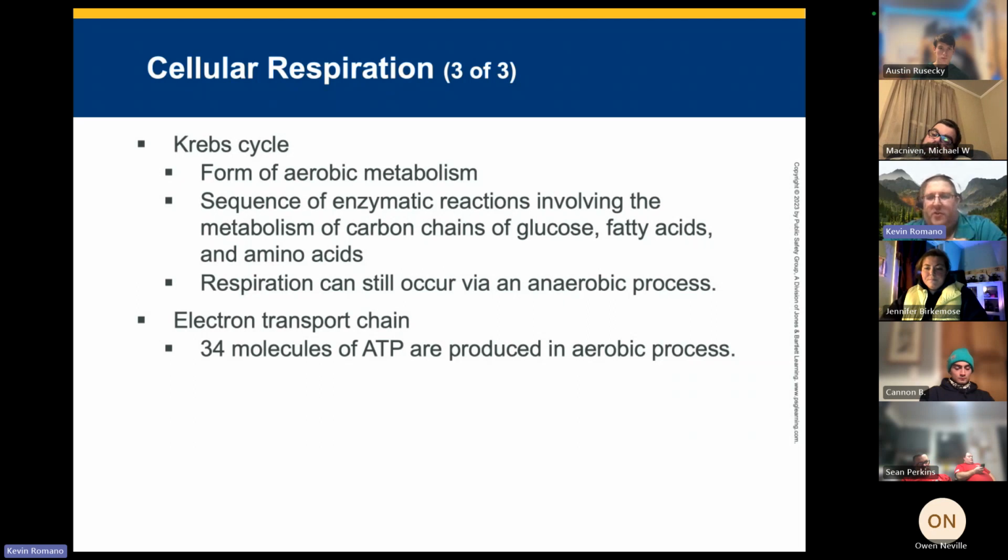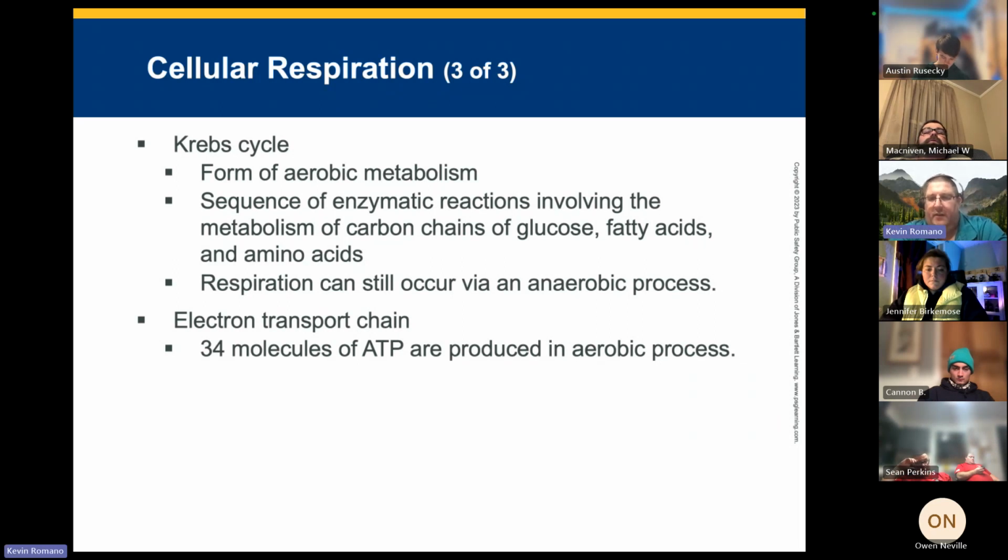So electron transport chain, there are 34 molecules of ATP that are produced in an aerobic process, right? Overall, the process is termed aerobic respiration. So for cellular respiration, glucose and oxygen are required. Nearly 1/2 of the energy is recaptured as high energy electrons stored in the cells through synthesis of ATP, adenosine triphosphate.